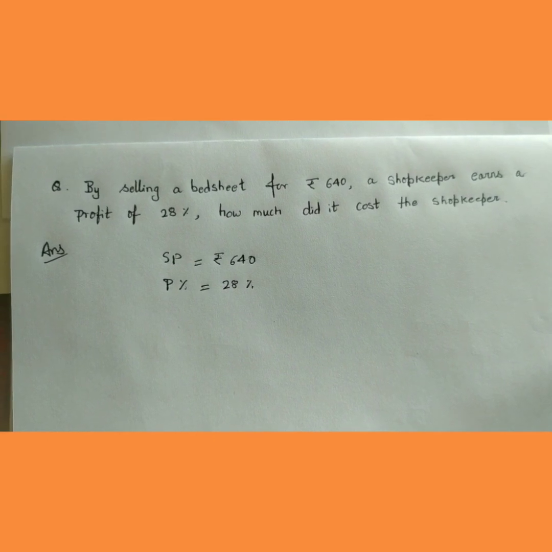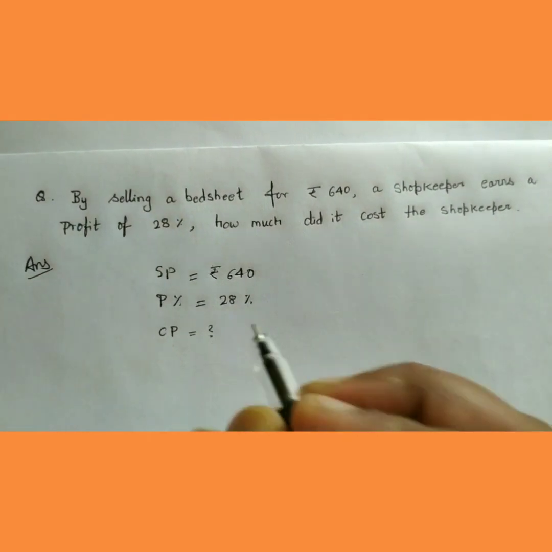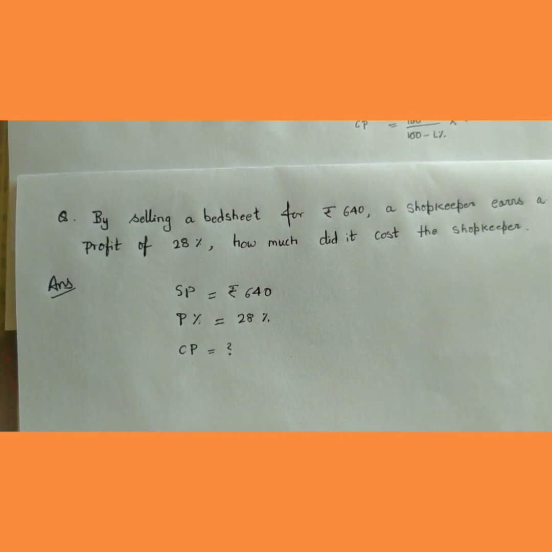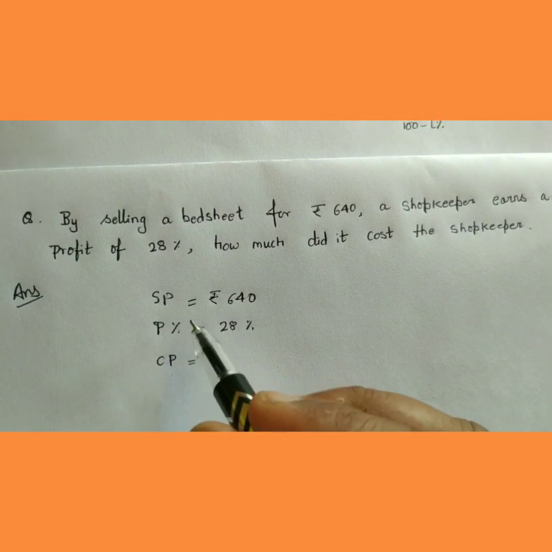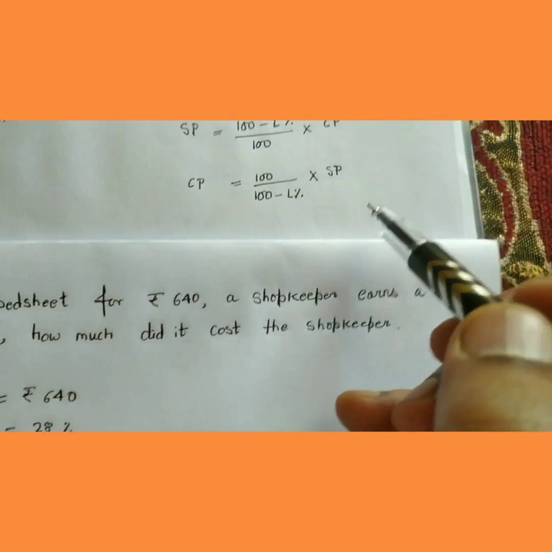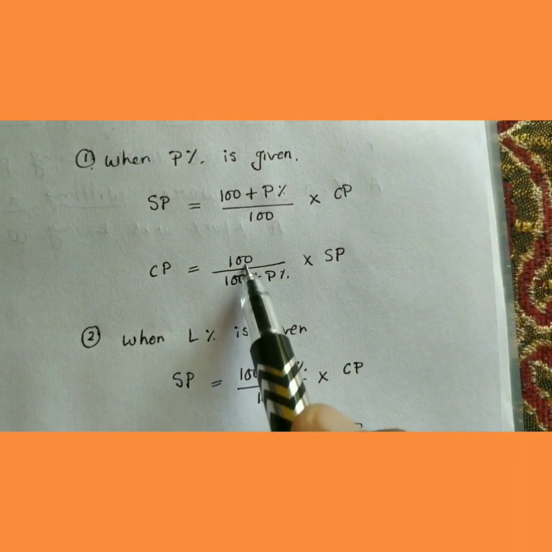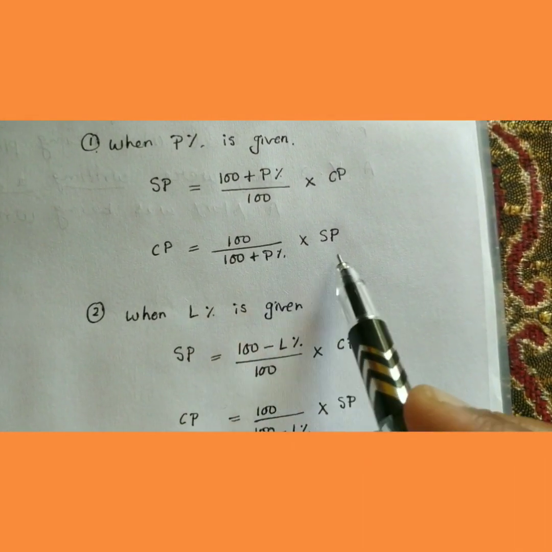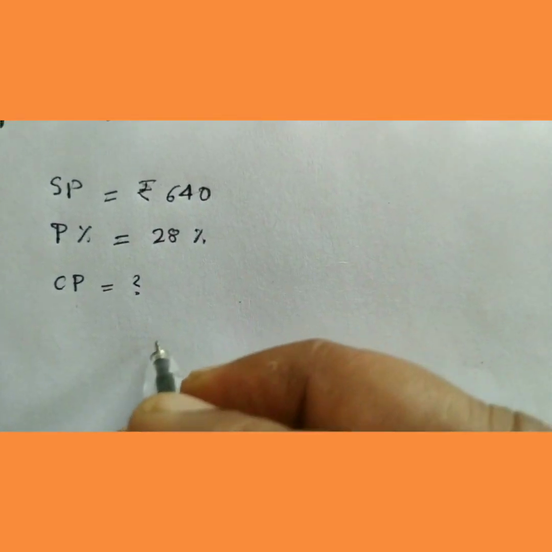How much did it cost the shopkeeper? That means you have to find the cost price. Now we have already discussed to find cost price when profit is given in percent. Cost price is equal to 100 divided by 100 plus profit percent into SP. So we can find the cost price.